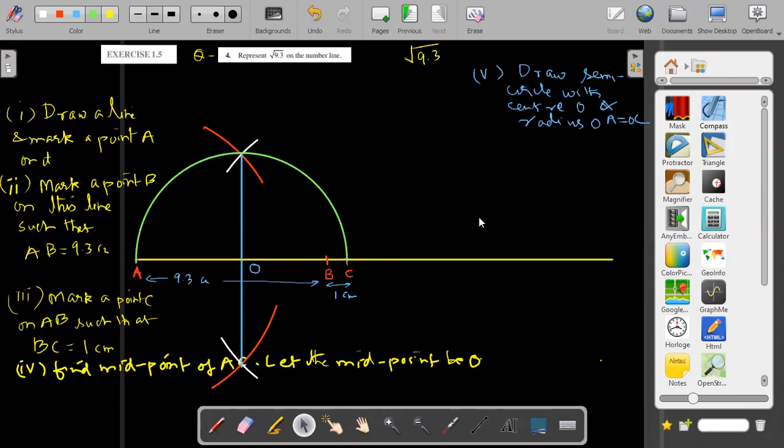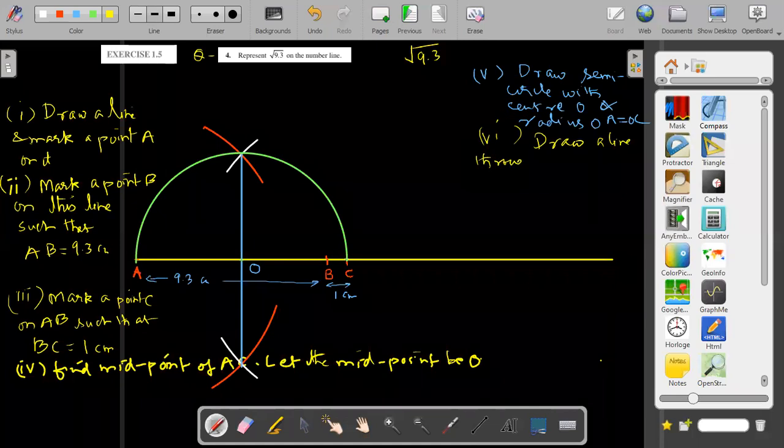Now draw a line passing through B, perpendicular to OB.